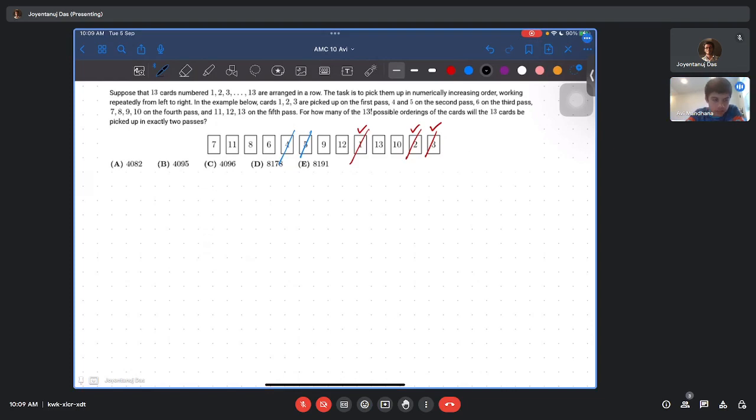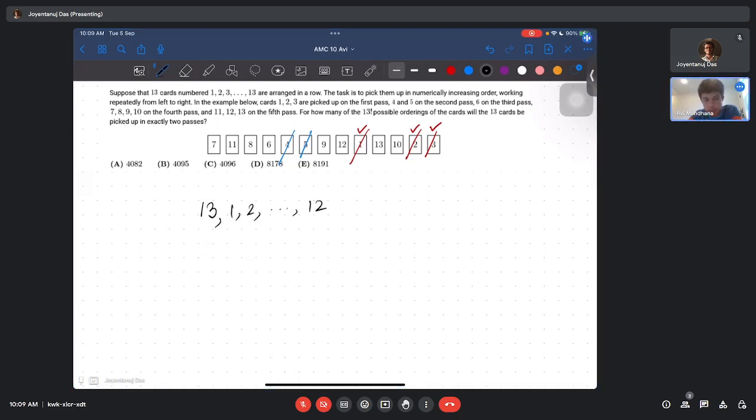And then you can have 1, 2, 3, 4, 5, 6, 7, 8, 9, 10, 11, 12, pick all of those up in one pass, and then pick 13 in another pass, right? 13 at the end, meaning which end are you saying? Like this? Yes, yes. This I can do in two passes. I can take all of them in the first pass and this one in the second pass.